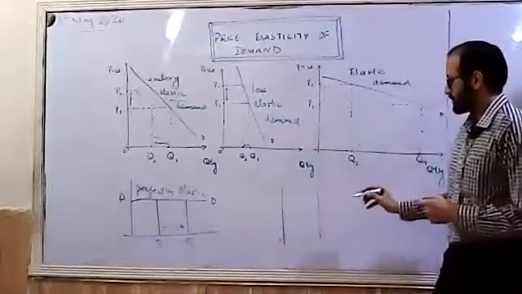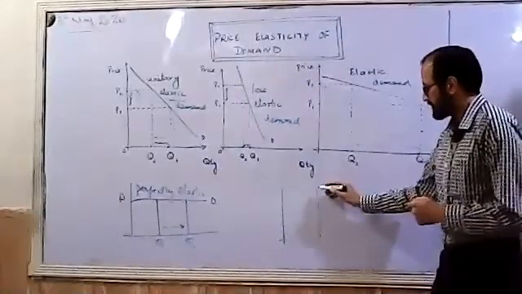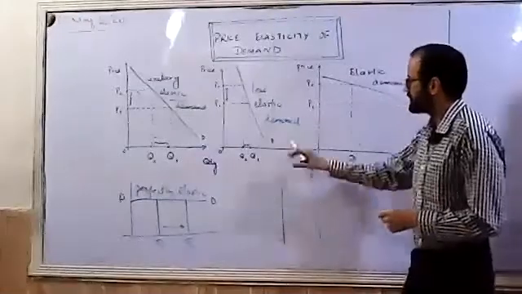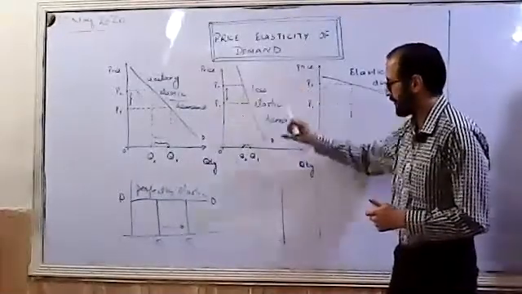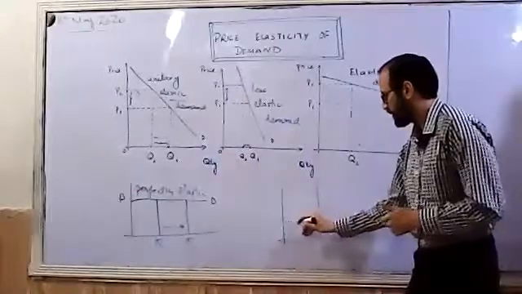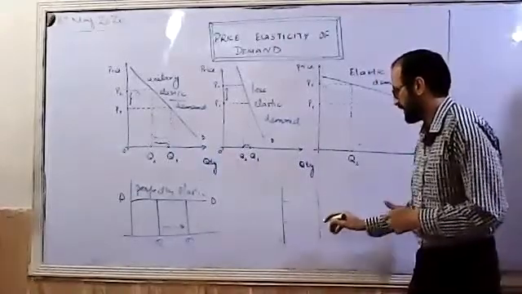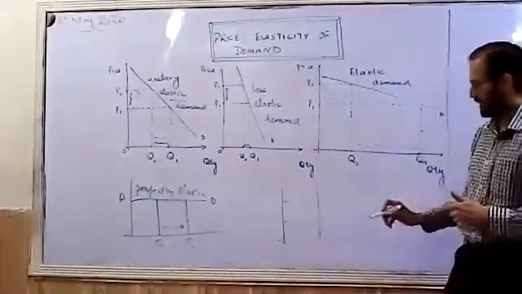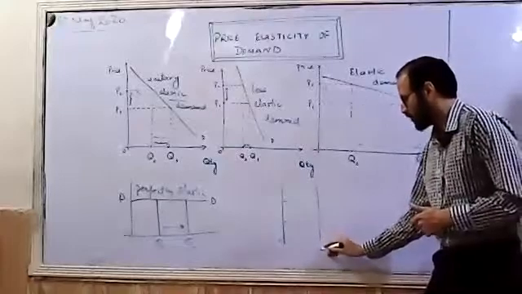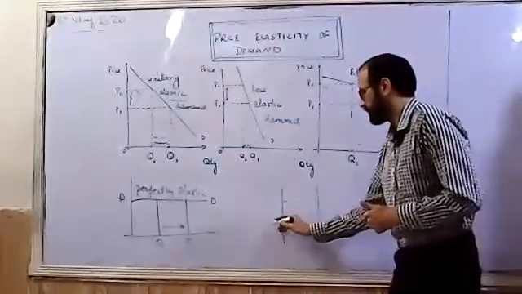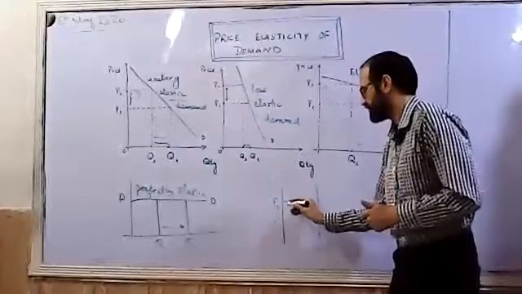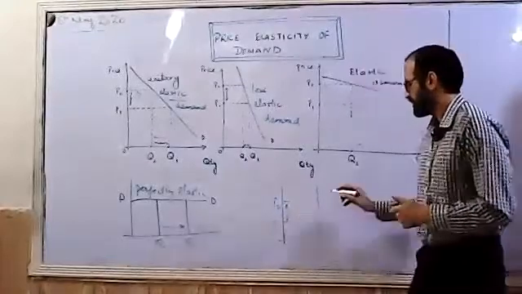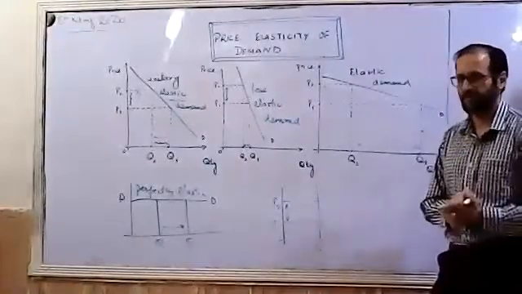This diagram, the last one, is extremely vertical. So since this was less elastic, this is showing even less response in change in quantity demanded. So if the price increases or decreases, the demand remains the same.